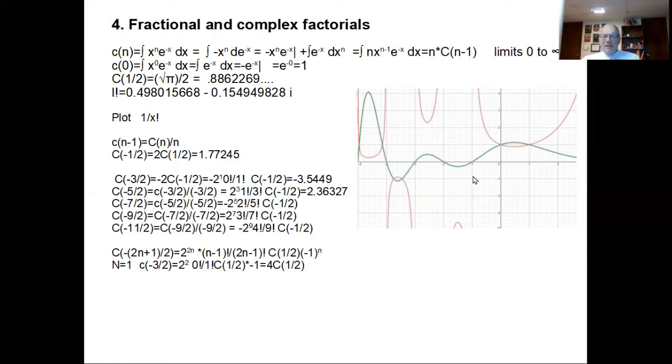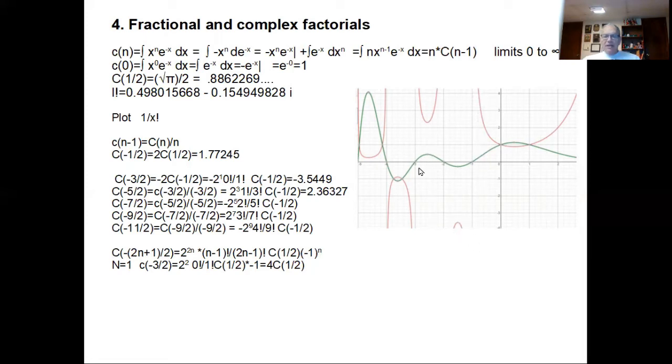If we did not take the inverse, here is the factorial as we would know it for integers, and this is what happens with fractions. As we get near to -1, we know it's going to go off to infinity. But then we saw those alternating signs, which says then it's going to pick up at -infinity, come back again.